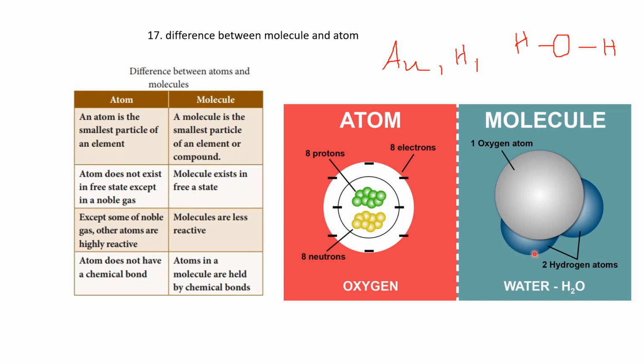When it attracts the hydrogen, two electrons come and join with this outermost electron and they form a molecule. So except some noble gases, other atoms are highly reactive, whereas in molecules they are less reactive. I told you now, this oxygen, this outermost part is very active.